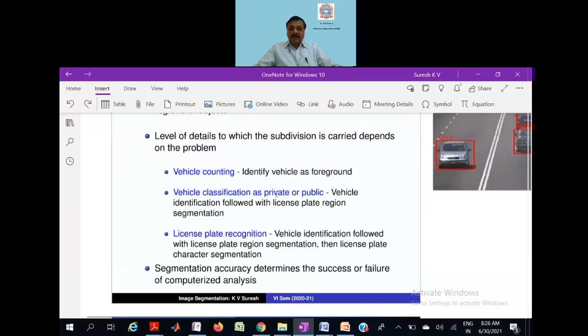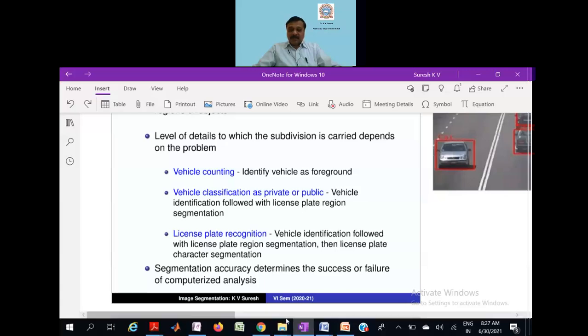In classifying the vehicle maybe as private or public, you may have to just see the license plate region and take a decision. In recognizing the license plate to identify the vehicle, you may also have to do what is known as character segmentation. And in all these cases, we have already understood that the segmentation accuracy determines the success or failure of computerized analysis.